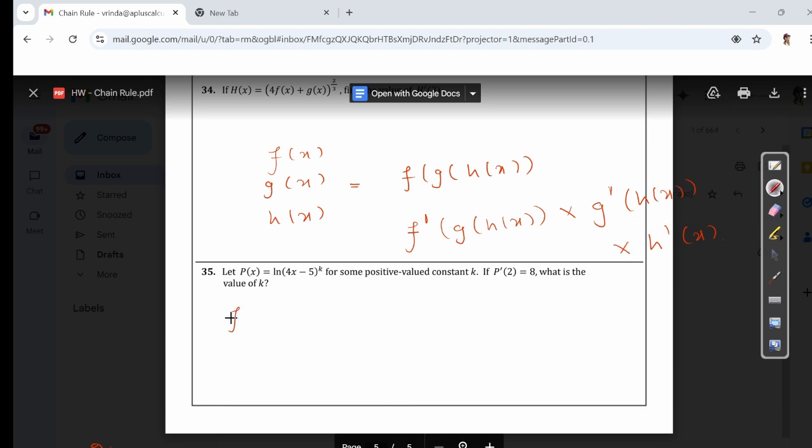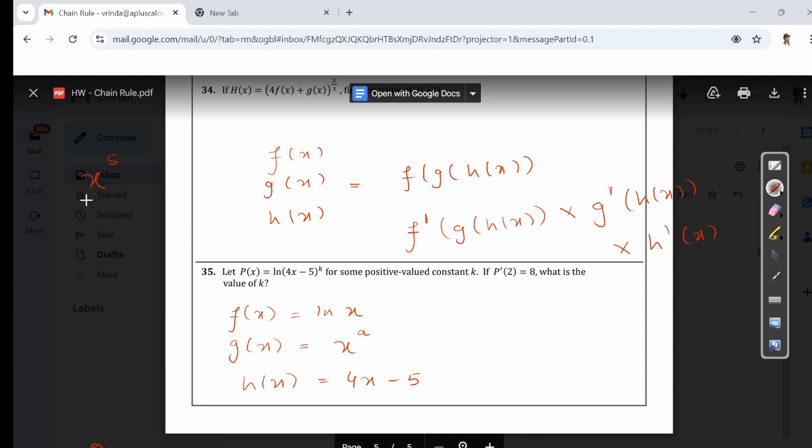Now coming to this one, here your f of x is ln x. Your g of x is x raised to a number, and your h of x is 4x minus 5. So you can also have functions like x raised to 5.